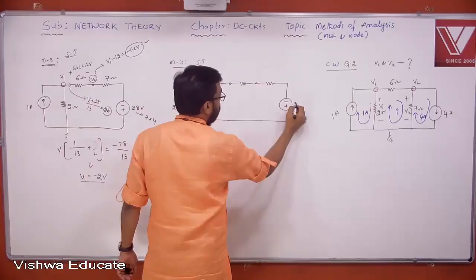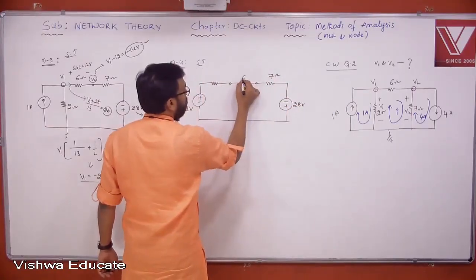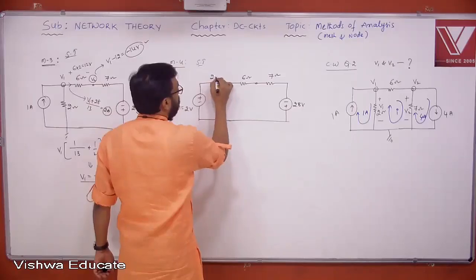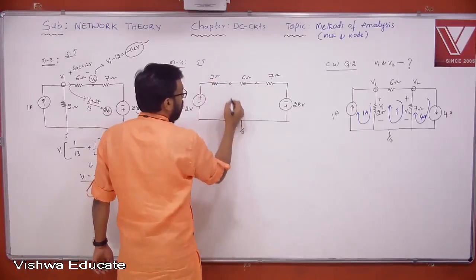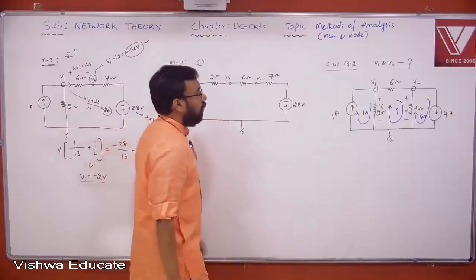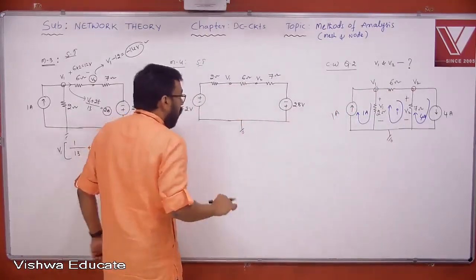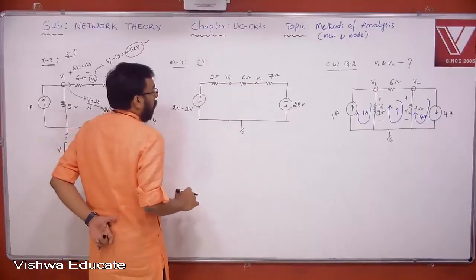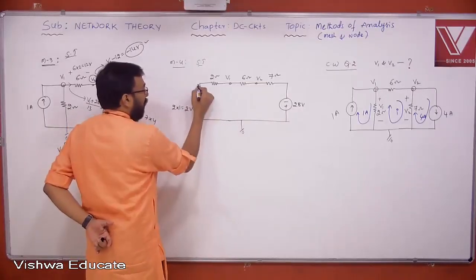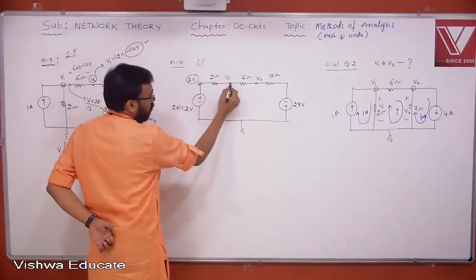Minus plus, right? 28 volts, 7 ohm, 6 ohm, and 2 ohm. If this is 0, and this is actually V1, right? This is V2 given. Look at this. This is V1, this is V2, right? The same V1, V2. Now, since it is 0, you already know the voltage here, how much? 2 volts. Now you can jump from this point to this point.